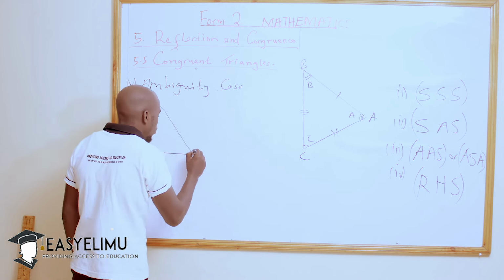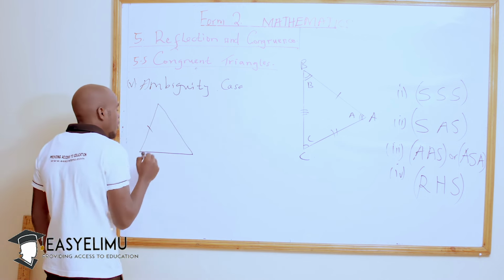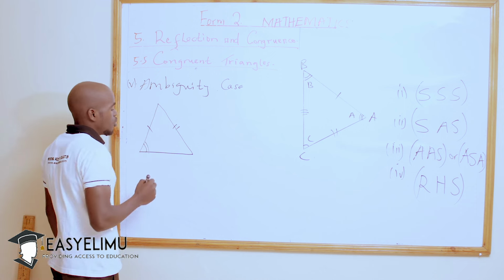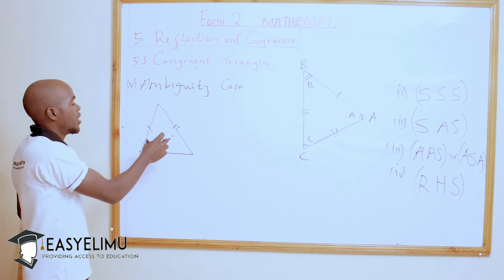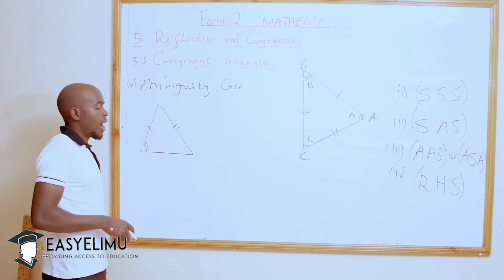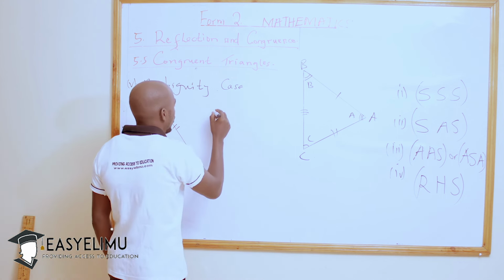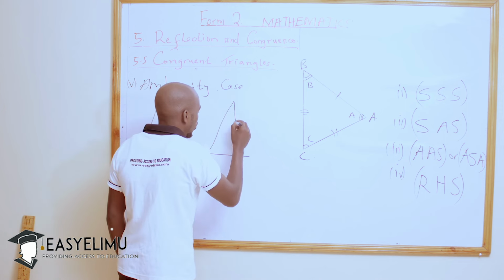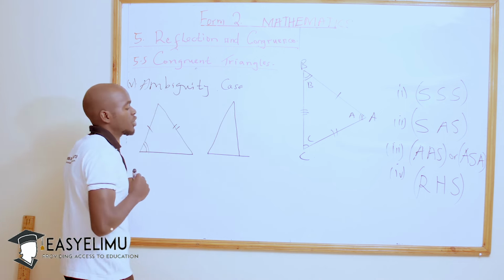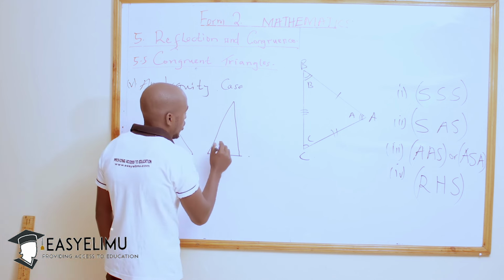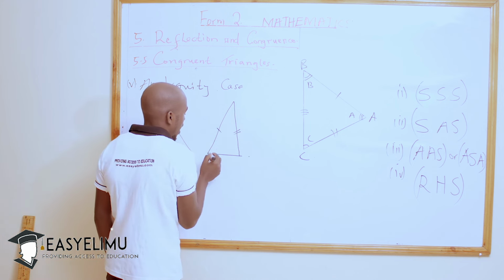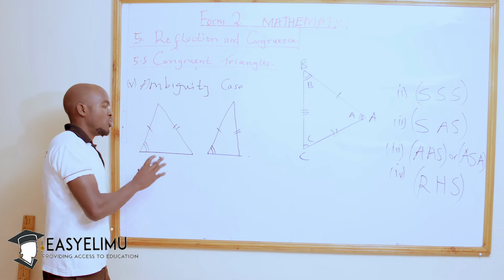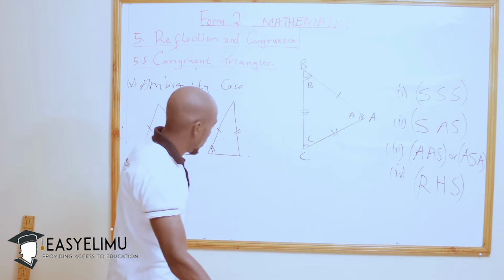The first one may look like this. One of the sides and an angle. You have been given one side here, this is two, and then an angle corresponding to another one. Maybe it may look this way, which is almost similar to a right angle triangle, but it's not a right angle, whereby these sides are still the same.